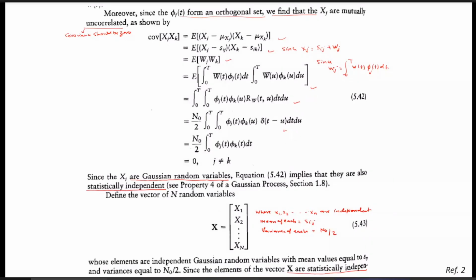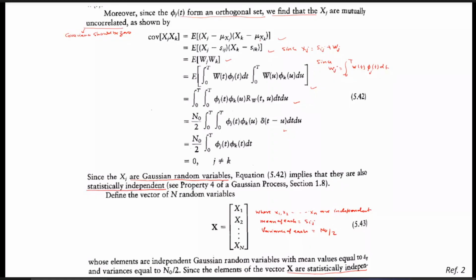That is just the basic concept. So let us see how we can say that they are mutually uncorrelated. For that we calculate the covariance, given by the expected value of xj minus mu xj, times xk minus mu xk. We have already calculated that the mean value of xj is Sij.